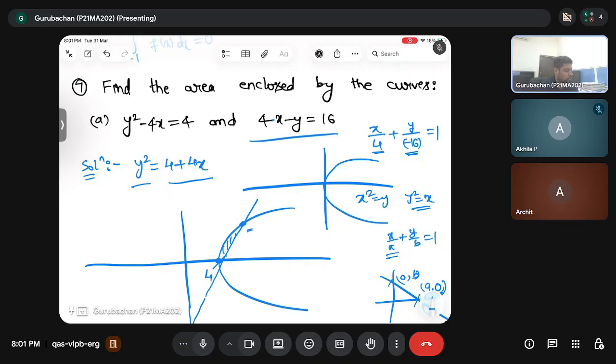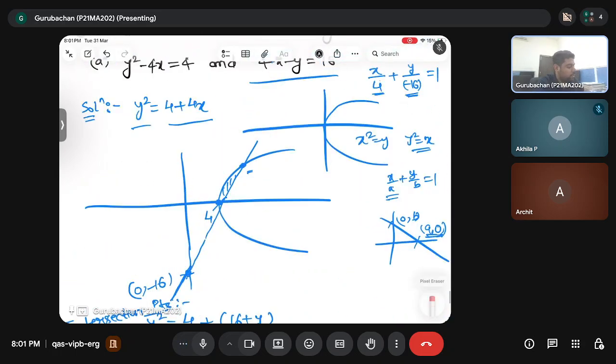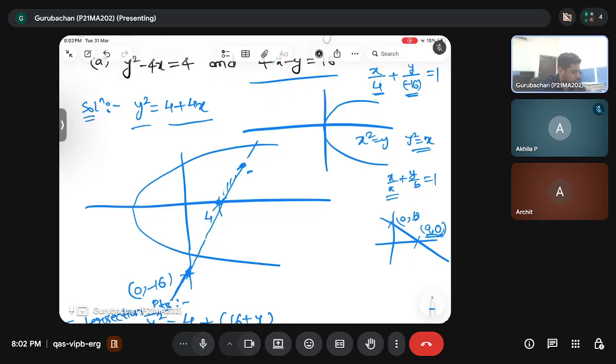So when x is 4, y can be 2 or minus 2. So, okay, understood. This should not be here. So this should be here. Again, y can be plus 2 or minus 2.